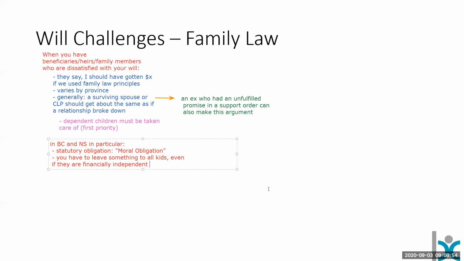And this can lead to some really difficult outcomes. It doesn't necessarily have to be even, Paul. It can be an uneven distribution, but there has to be some effort at, let's say, equality between the three kids. So if you had three kids in BC and you're going to leave a much smaller gift to one of the kids, you would want to write in your will why you're doing that.